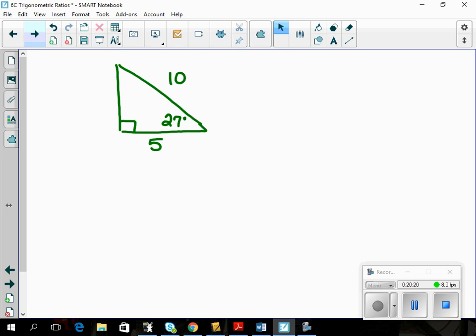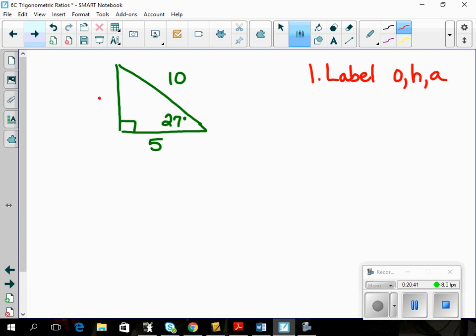Remember the steps. Step 1 is going to be to label my O, H, and A. Do you agree? I don't want you to label all 3 sides. I only want you to label the ones that are given to you. So Lexi, I want you to look at 10, and I want you to look at 5.